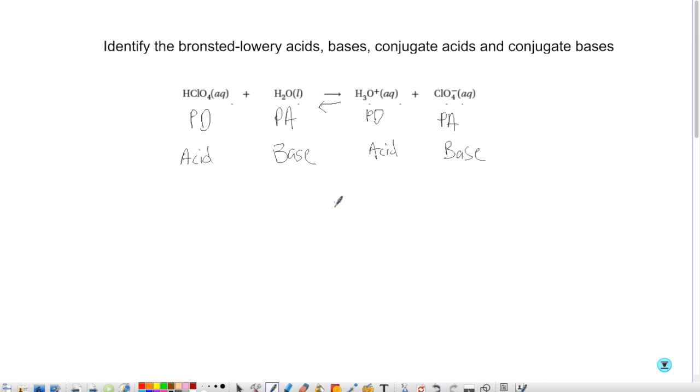Okay, now you'll notice some things here, all right? So the base and acid, these two things are related, right? So the base molecule kind of is water, and then these two are related, the base being kind of this perchlorate ion. So we call both of these conjugate pairs, okay, conjugate pairs.